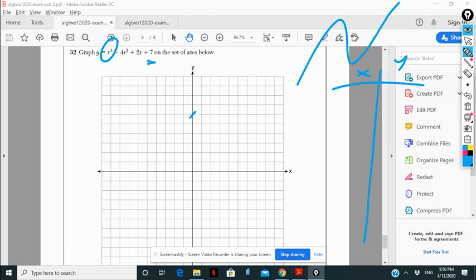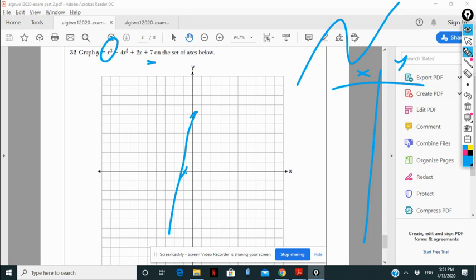Actually, this equation has only one real zero, which is x equal to -1. So here, that's the only intersect. So it's going to be almost like that shape.